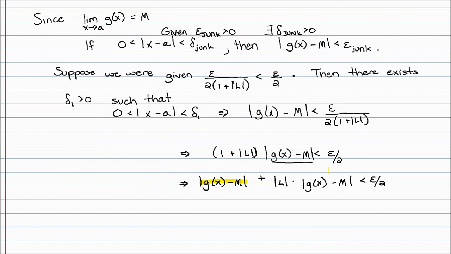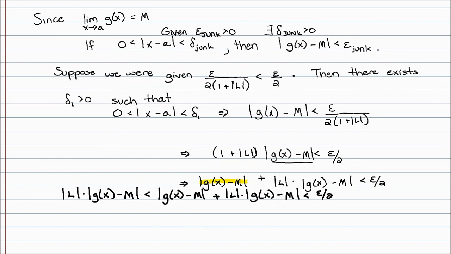So this statement that we're viewing right now is definitely bigger than the following statement: the absolute value of L times the absolute value of g of x minus m is definitely less than the absolute value of g of x minus m plus the absolute value of L times the absolute value of g of x minus m, which is less than epsilon over 2.